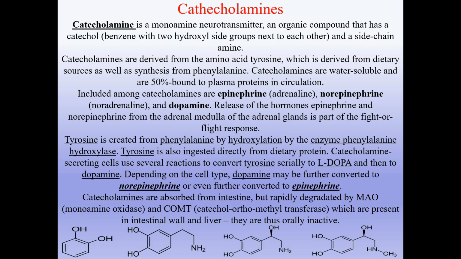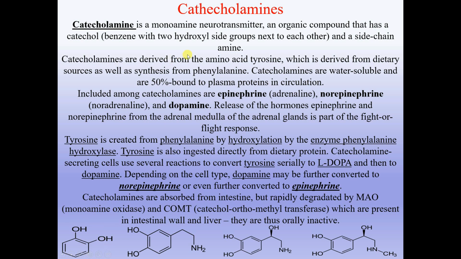Next slide is catecholamines. Catecholamines are the neurotransmitters which are responsible for the transmission in sympathetic nervous system. Catecholamine is a monoamine neurotransmitter, an organic compound that has a catechol and a side chain amine. Below you can see the picture of catechol.